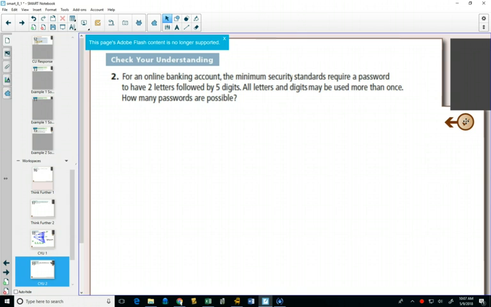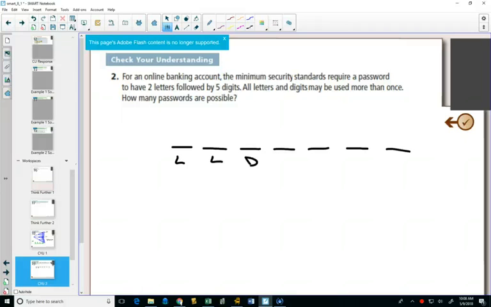So in this case, 2 letters, letter, letter, those would be 2 decisions, followed by 5 digits, 1, 2, 3, 4, 5. We have 7 decisions to make when making our password. And how many choices do we have for letters?